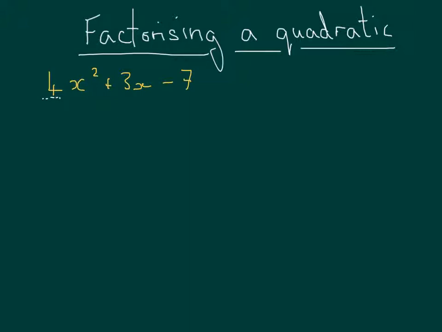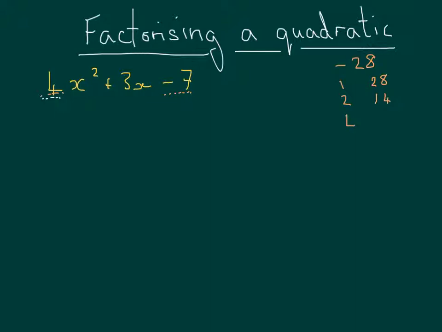So as we did before, expanding brackets, we know that the minus 7 times by the 4 will give us minus 28. And we want to find the factors of minus 28. So it could be 1 and 28, it could be 2 and 14, do 3s go in there?